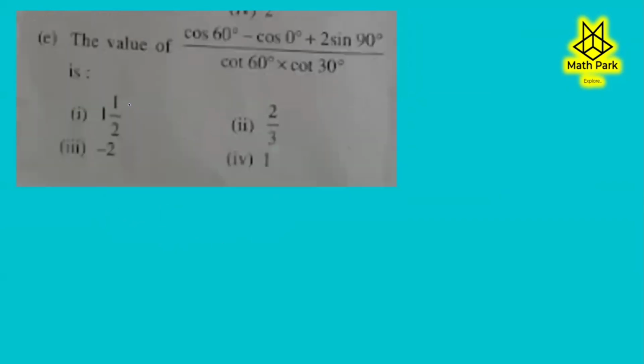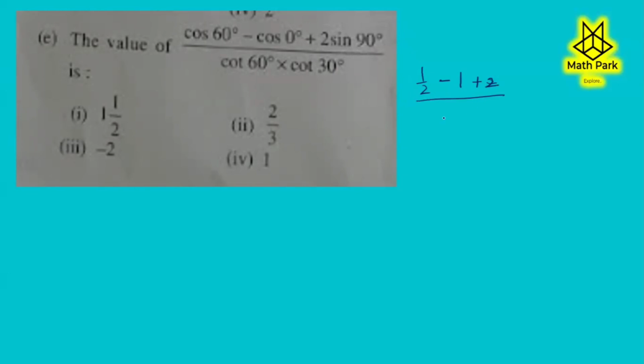The last MCQ of 23A: the value of cos 60 minus cos 0 plus 2 sin 90 upon cot 60 times cot 30 is what? So let's substitute. Cos 60 is half. Cos of 0 is 1. Sin 90 is 1, so 2 times 1 is 2.